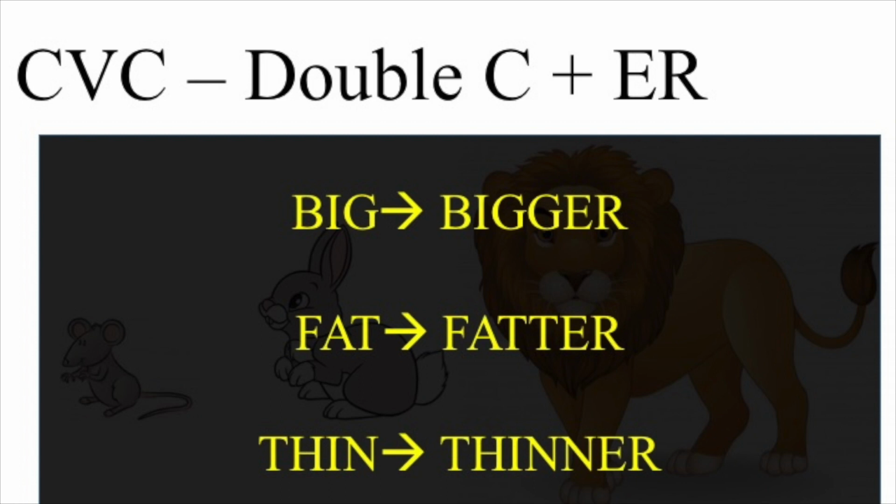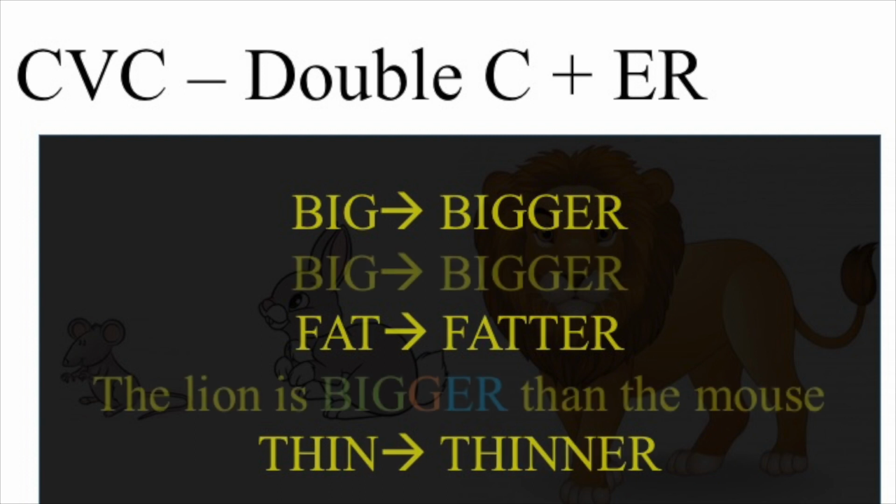Same with fat. Vowel, consonant. So a second T to make fatter. Fat, fatter. And thin. I is a vowel, N is a consonant. So that means we need the second consonant for the comparative word. N-N-E-R. Thin. Thinner. Well done, guys.